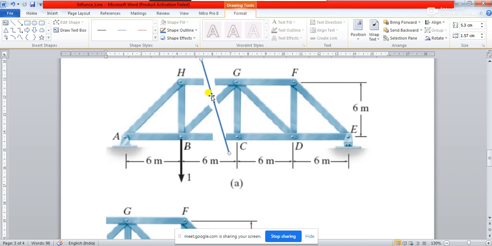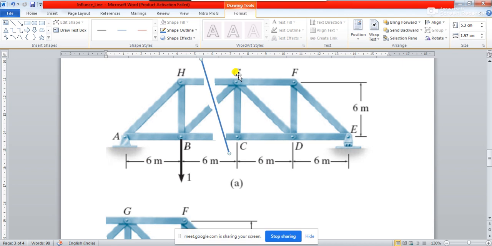You will have one portion on this side and the other portion on this side. Once you have this section, either you can consider the equilibrium of this side of the section, or you can consider the equilibrium of this side of the section.